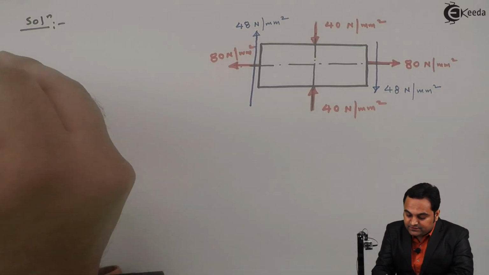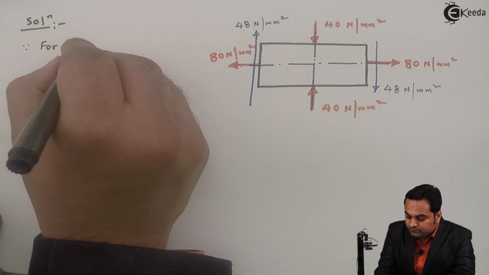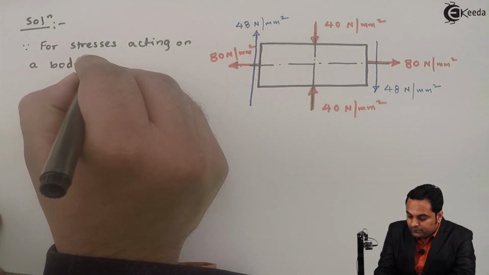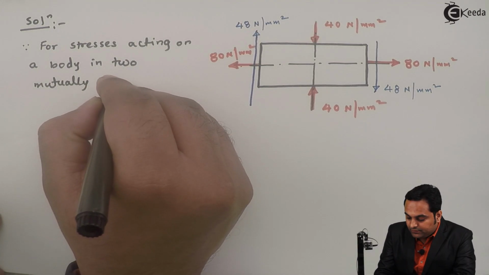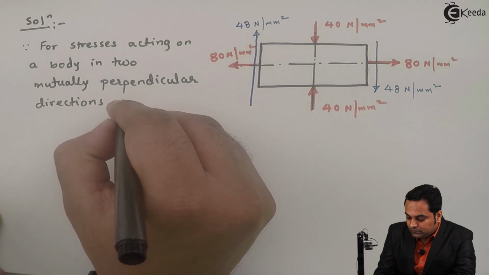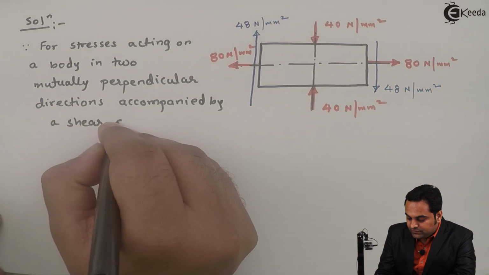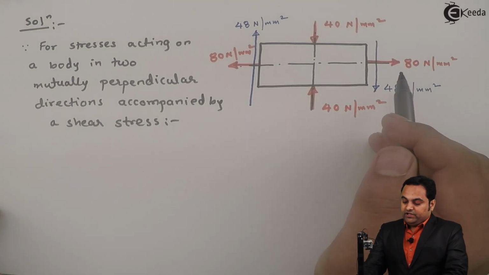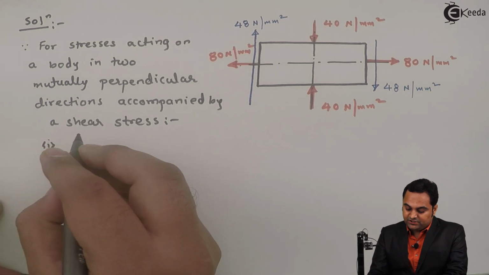I'll say that for stresses acting on a body in two mutually perpendicular directions accompanied by a shear stress. Now for such a condition which is given in the problem where we have two mutually perpendicular stresses and shear stress, the first thing is major principal stress.